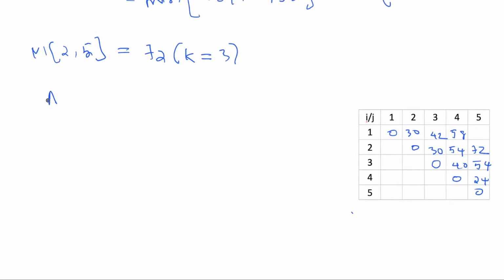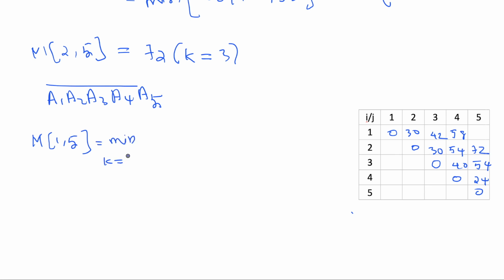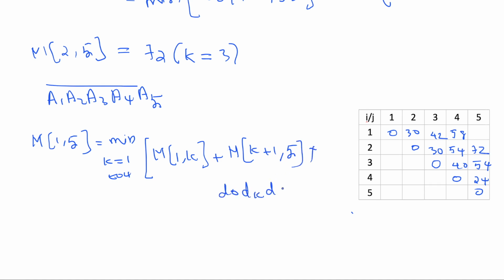Now in the product A1, A2, A3, A4, A5, we have only this combination to examine, that is the multiplication from A1 through A5. We are calculating m of 1 comma 5. So the equation will be minimum of k from 1 to 4, m of 1 comma k plus m of k plus 1 comma 5 plus d0 dk d5.